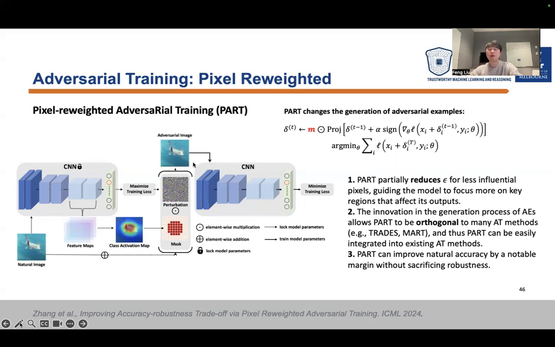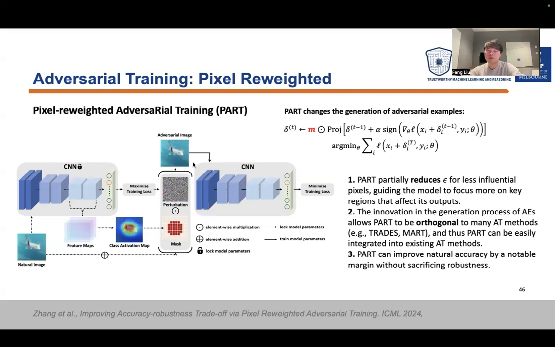So what's the main advantage of this method? Because we slightly lower the perturbation budget for some areas, the overall perturbation budget is actually lower. It means that we will get a very nice natural accuracy.